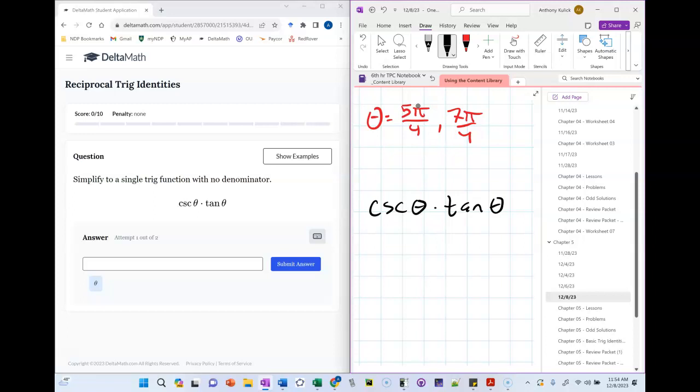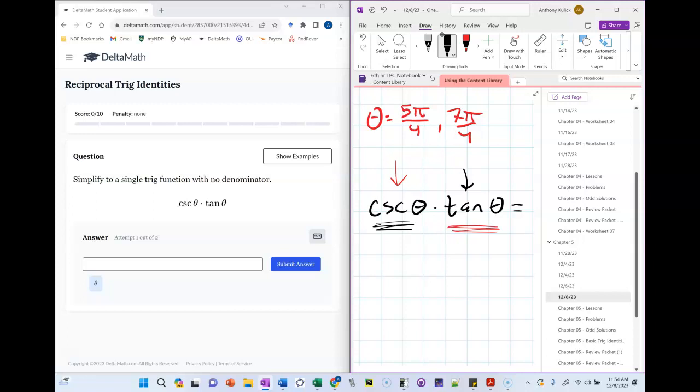So I'll go to my identity sheet. I'm going to look either for a way to turn cosecant into a tangent or a way to turn the tangent into something with a cosecant in it. So I'm just going to look at my identity sheet and see what I can do. Where on my identity sheet am I probably going to be looking?